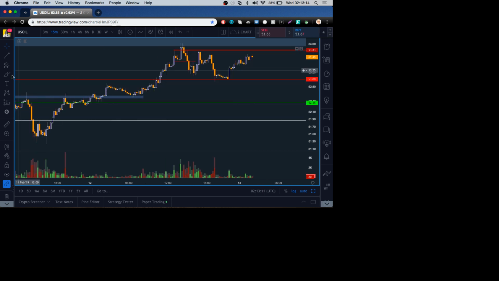This is a pattern I absolutely love in major zones like this, resistance levels and support levels where you're looking to get into a trade.